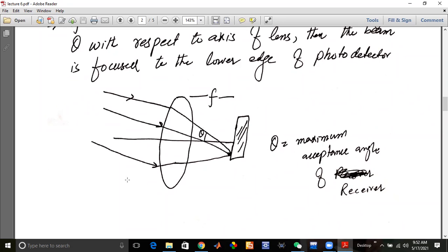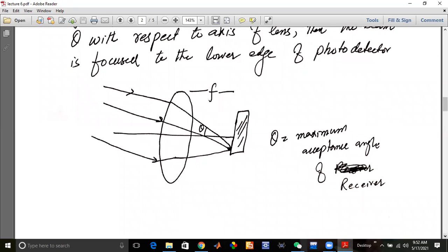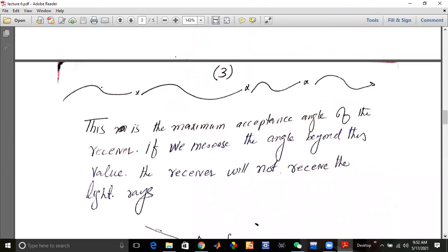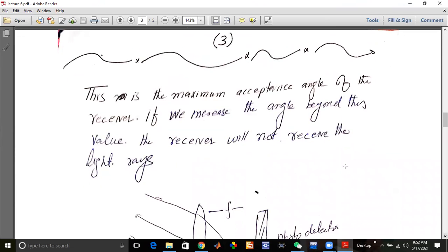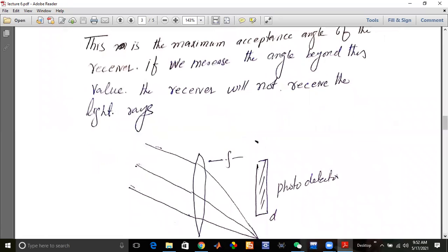When the angle is increased beyond the maximum acceptance angle, the light will be concentrated at a point which does not lie in the photodetector. In this case, we will not receive any signal. If we increase the angle beyond this value, the receiver will not receive the light ray as shown in the figure.